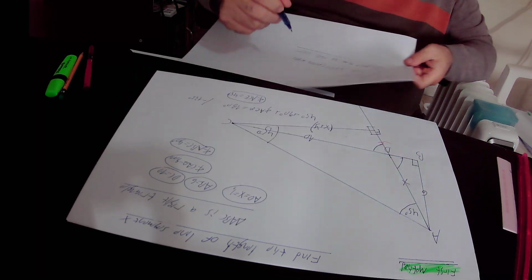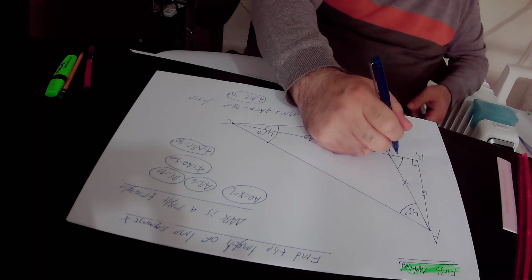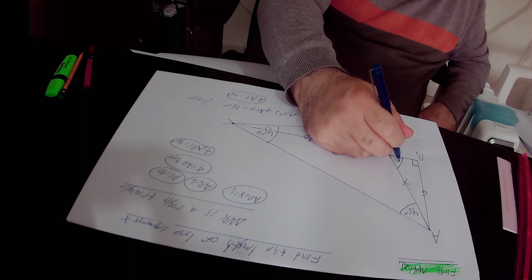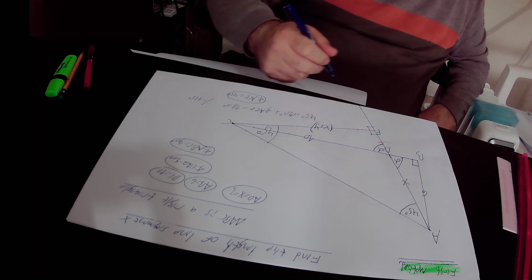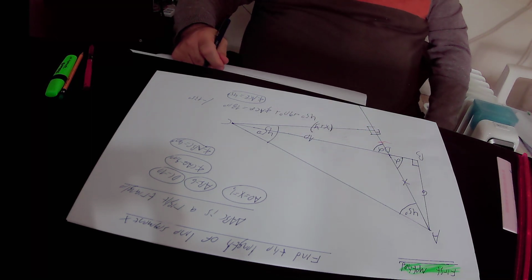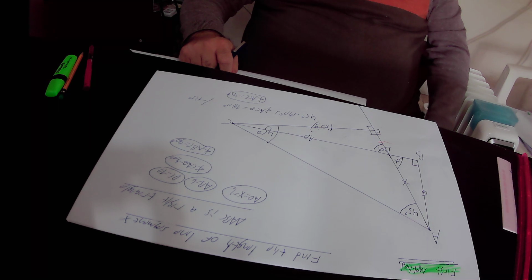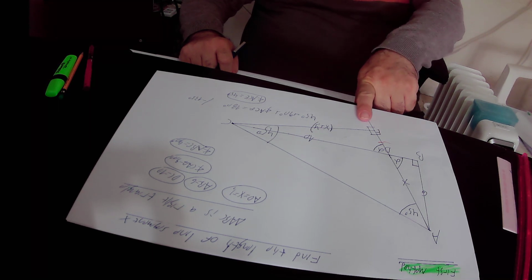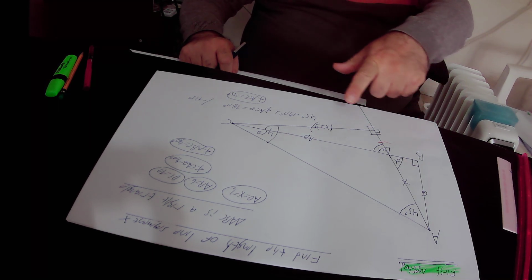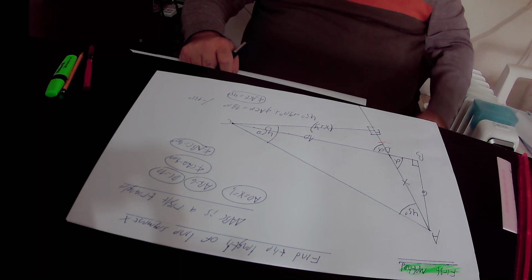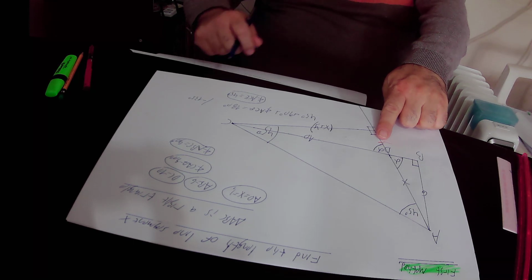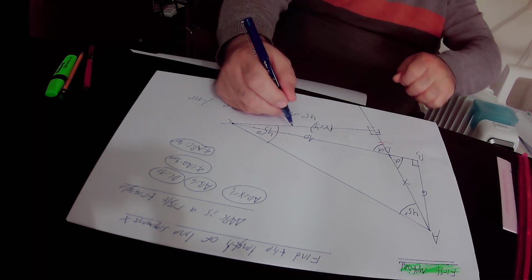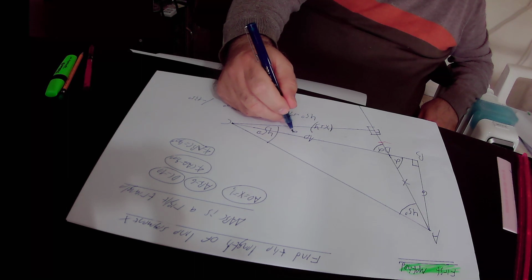So both those two angles are equal to alpha according to our definition. Here triangle DEC is a right triangle, and this angle equals alpha. Therefore angle DCE must be equal to 90 degrees minus alpha.